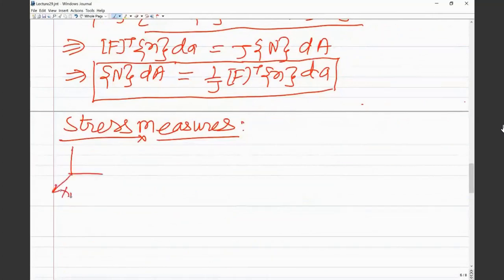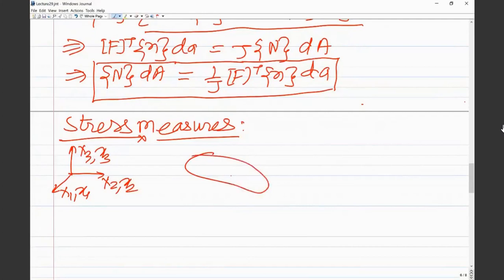So again, we have these reference and current coordinates. Now let us say we have some plane, and in that there is this area in the reference configuration, NDA, so the magnitude of area is DA.